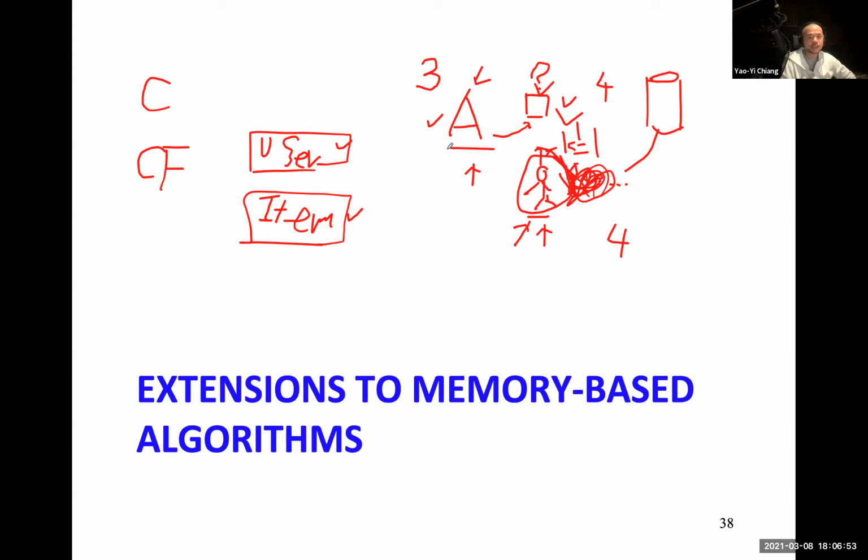And we know that A's average rating is 3. This most similar user's average rating is 4. In this case, this most similar user rated this item 4. So how would you predict A would rate this item? Rating from 1 to 5.